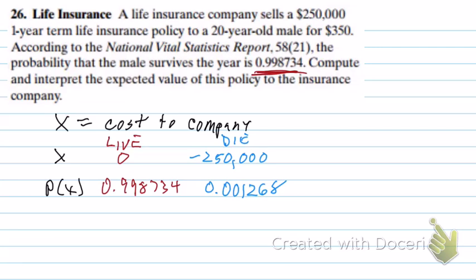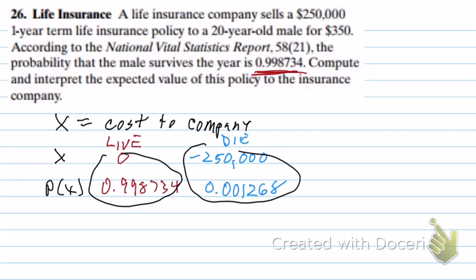How do we get the mean? We multiply these two things together and add them up.